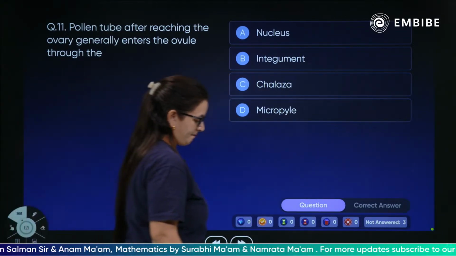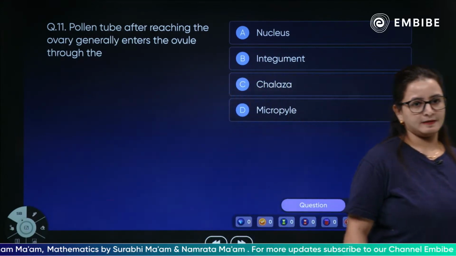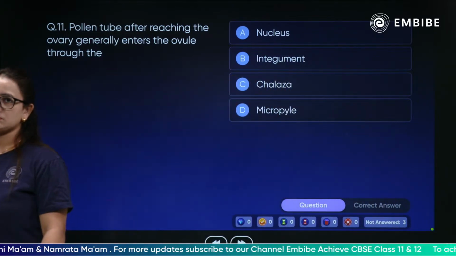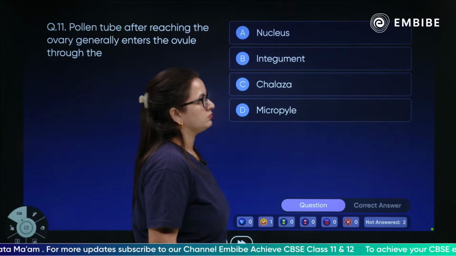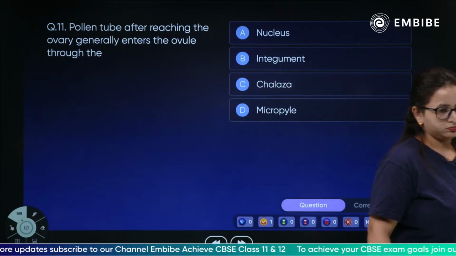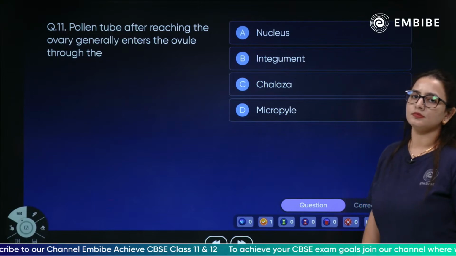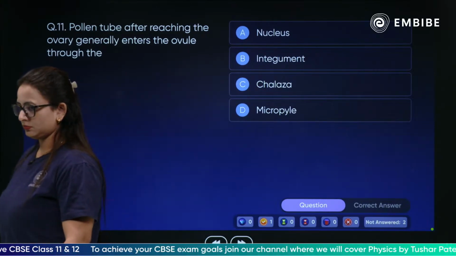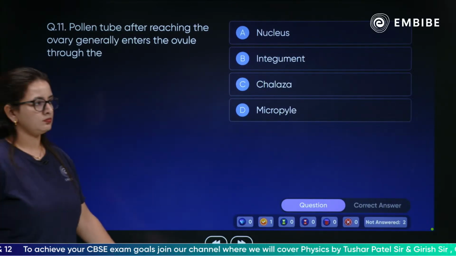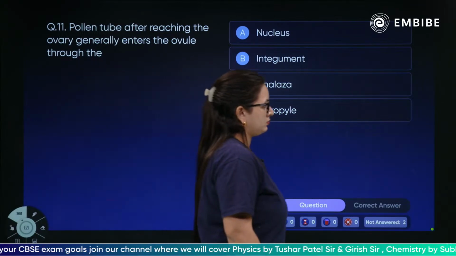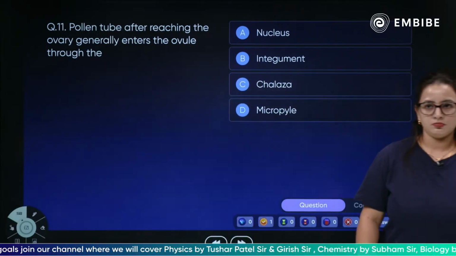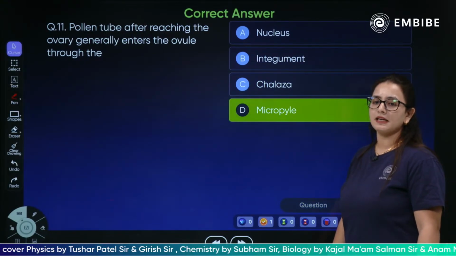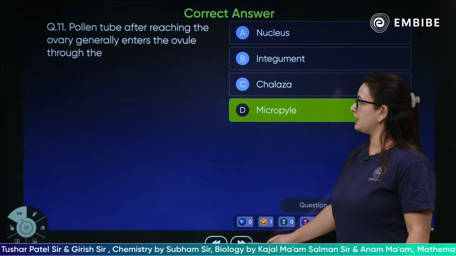The correct answer would be the micropyle, which helps the pollen tube reach the ovule.